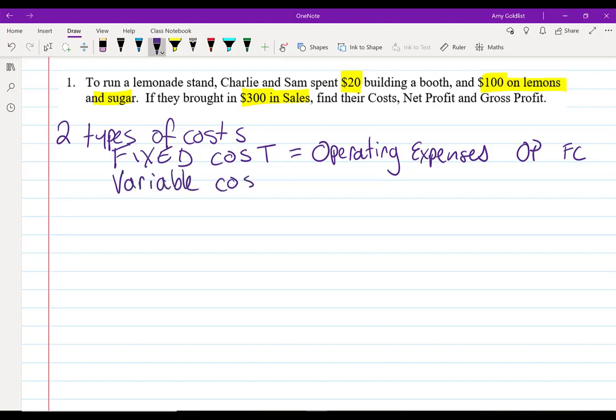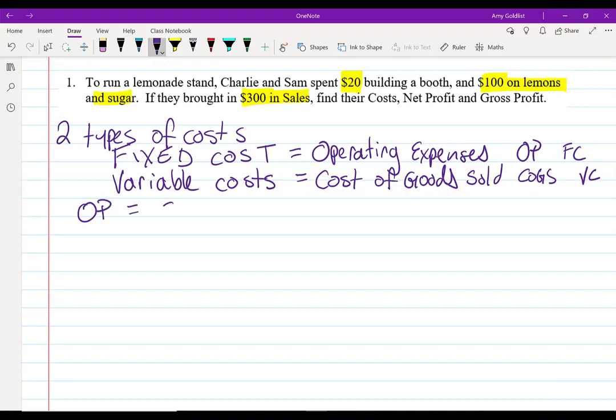We also have variable costs. And those are also called costs of goods sold. Sometimes COGS and sometimes VC for variable costs.